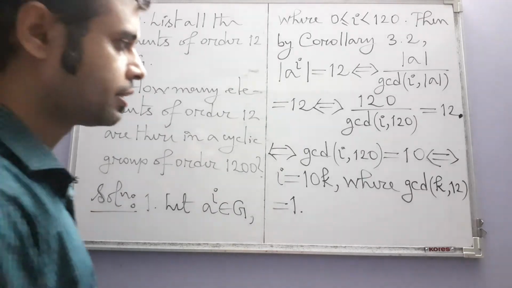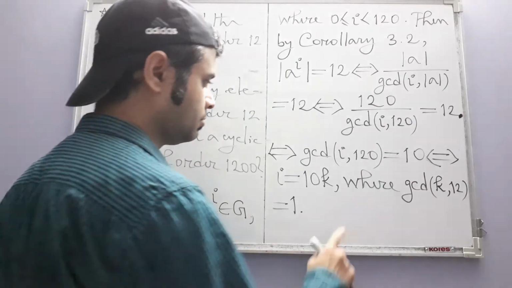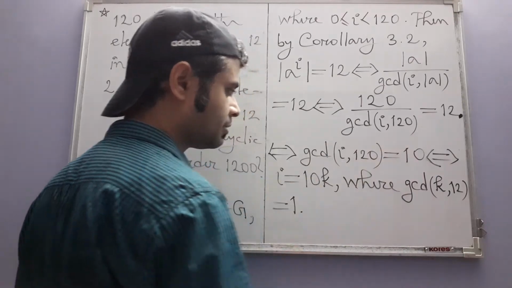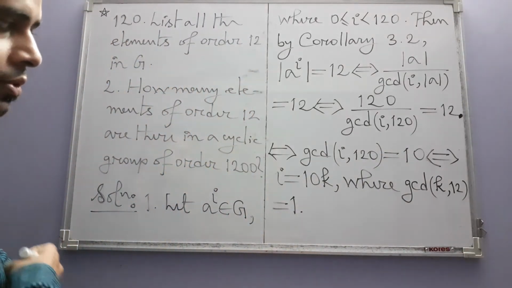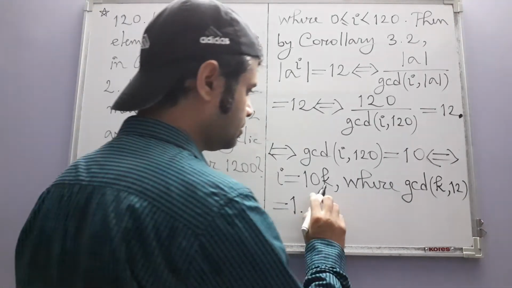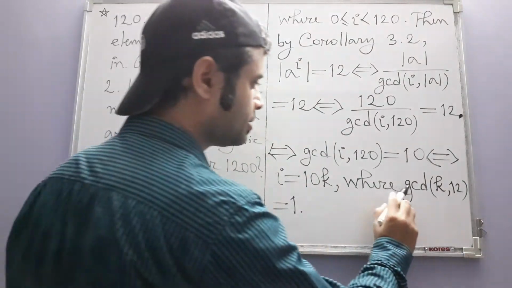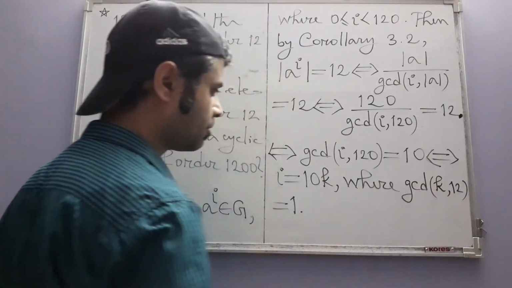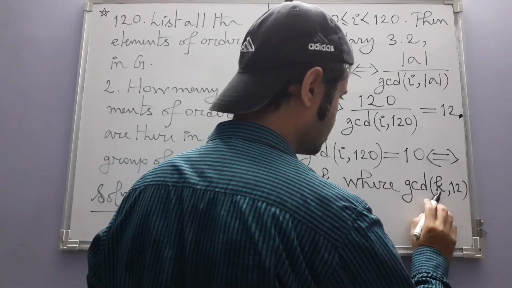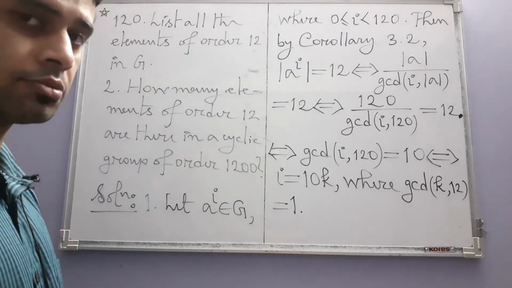Now let us see whether what we have written here actually is true or not. If GCD of i and 120 is 10, then of course i is a multiple of 10. Now if this additional condition is not true, say the GCD of k and 12 is not equal to 1, then that means there exists some prime which divides both k as well as 12.